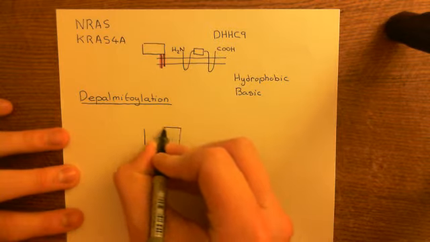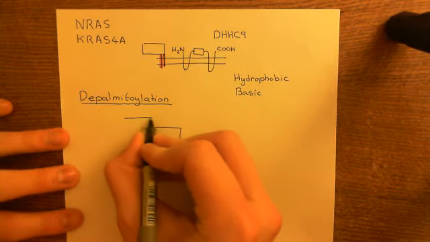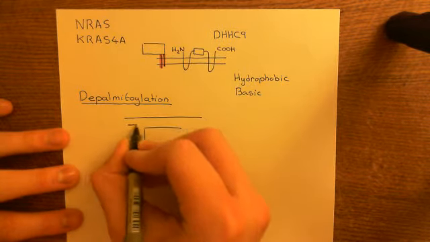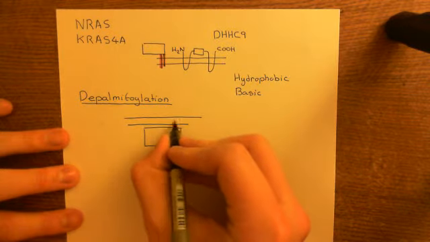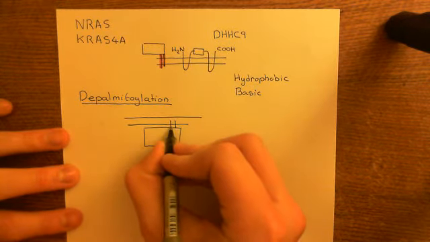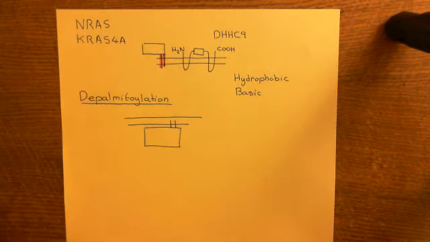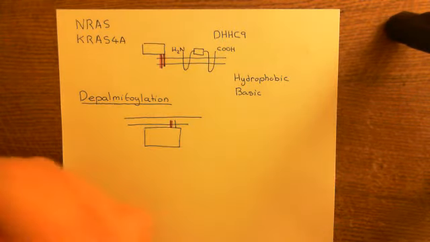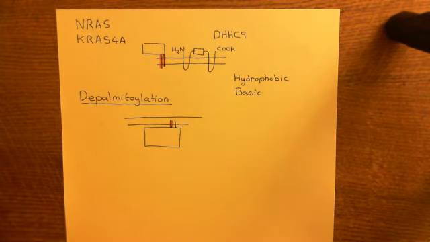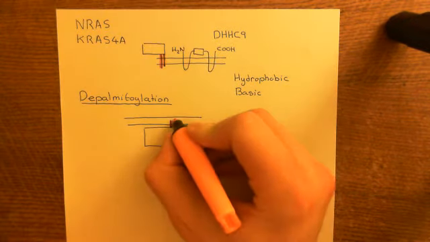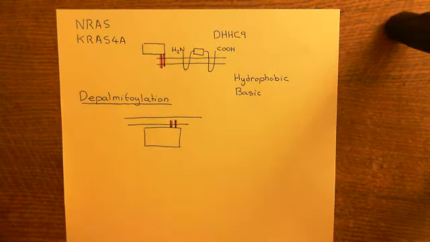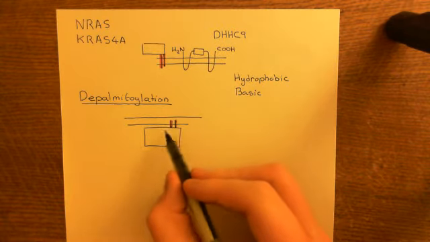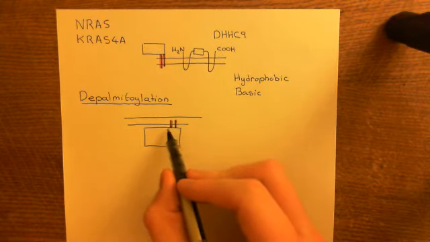So the feature that all of them have is that they're held in the plasma membrane not just by their farnesyl group but also by palmitoyl groups, and they may have multiple of these palmitoyl groups. So remember, HRas will definitely only have one, but NRas and KRas 4A may have more. Okay, but for our purposes we'll just draw it as one.